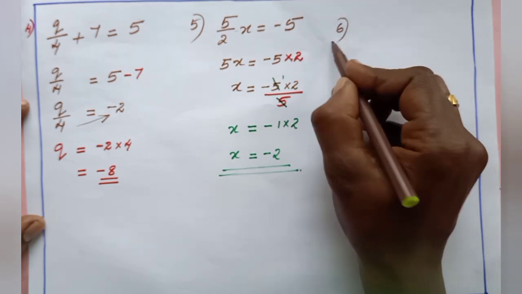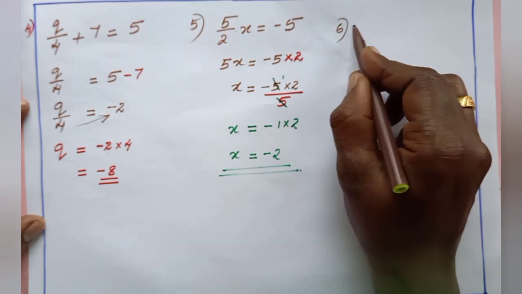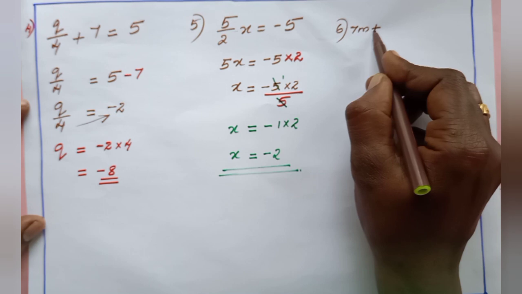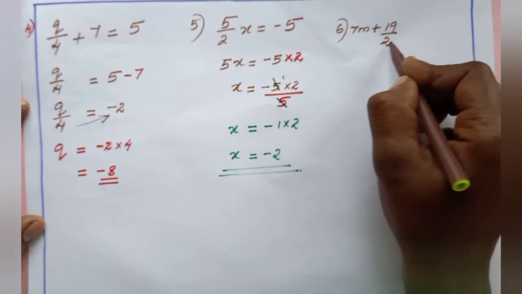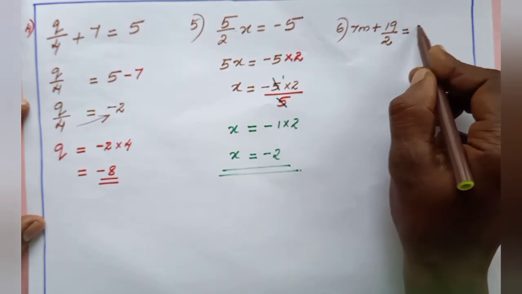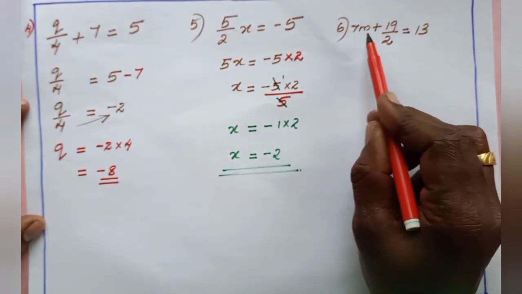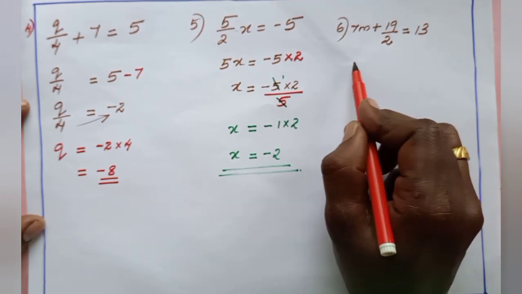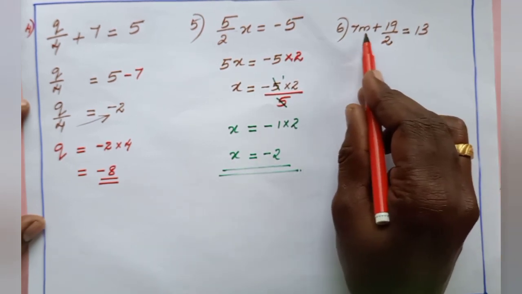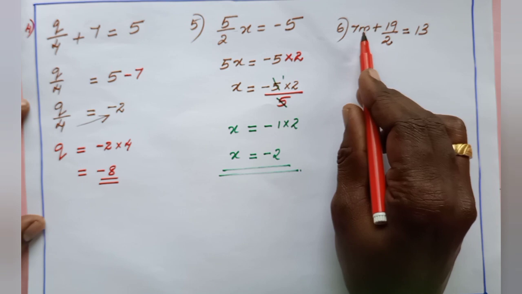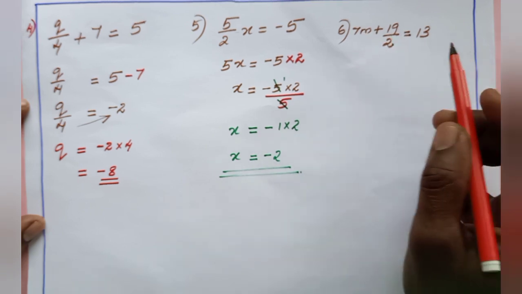Sixth question, number 6. 7m plus 19 by 2 equal to 13. So this is a simple equation in variable m. To solve means to find the solution for m.